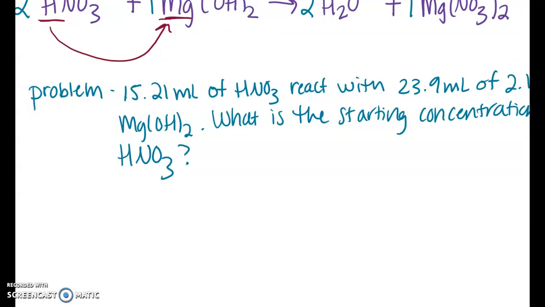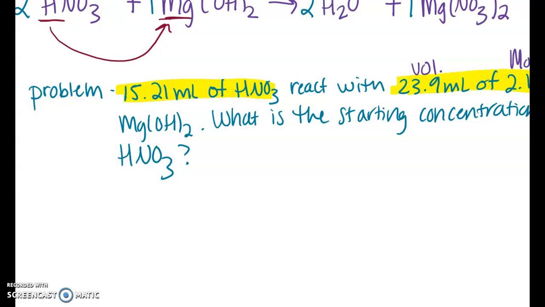So when I look at this problem, I'm going to highlight some important pieces of information. I'm given the amount of nitric acid that reacted. I'm also given the amount of magnesium hydroxide that reacted. I'm given 2 pieces of information about my magnesium hydroxide. I'm given both the volume and molarity of my magnesium hydroxide, or of my base.